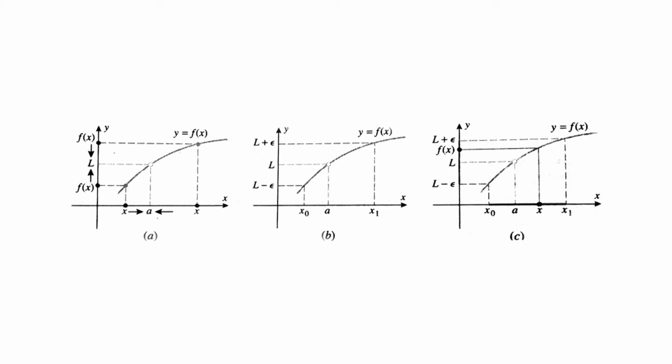We can answer this geometrically by drawing horizontal lines from the points L plus epsilon and L minus epsilon on the y axis until they meet the curve y equal to f of x, and then drawing vertical lines from those points on the curve to the x axis. As indicated in the figure, let x naught and x 1 be the points where those vertical lines intersect the x axis.